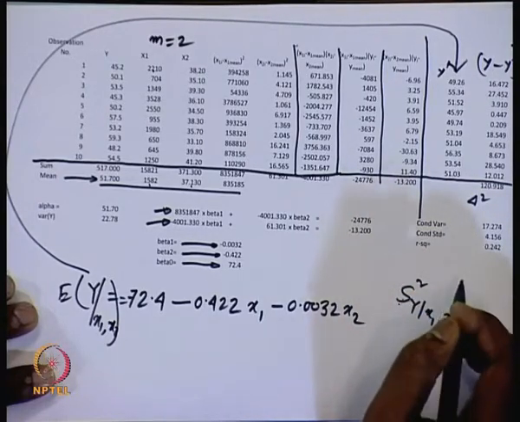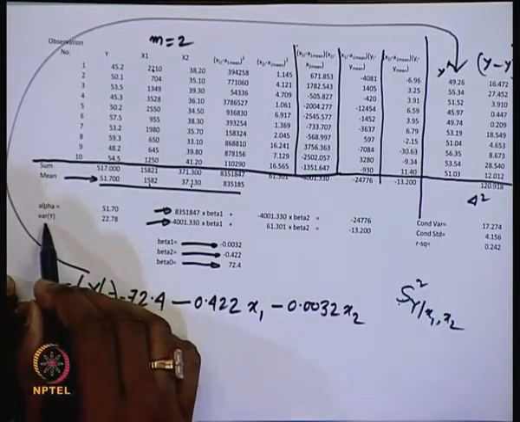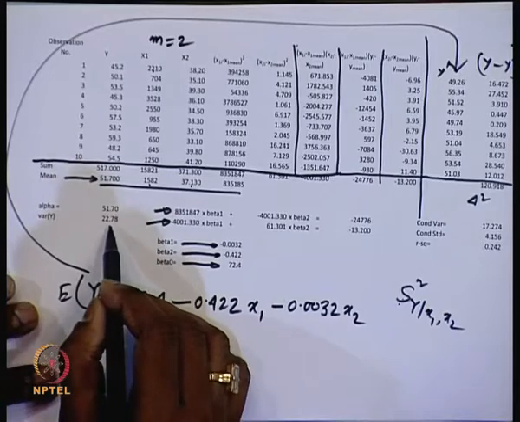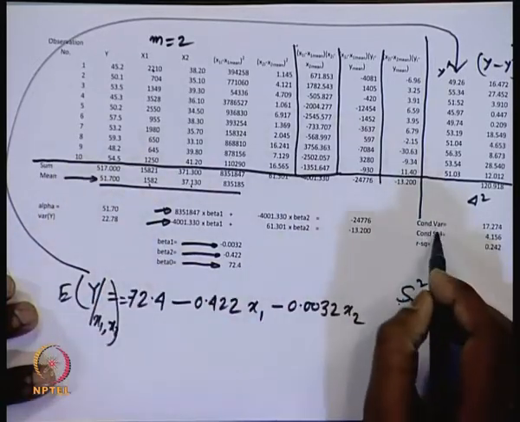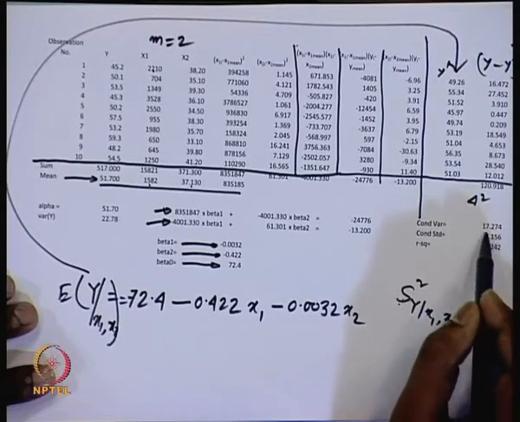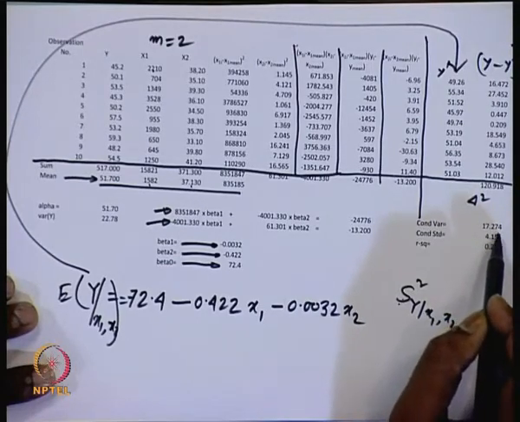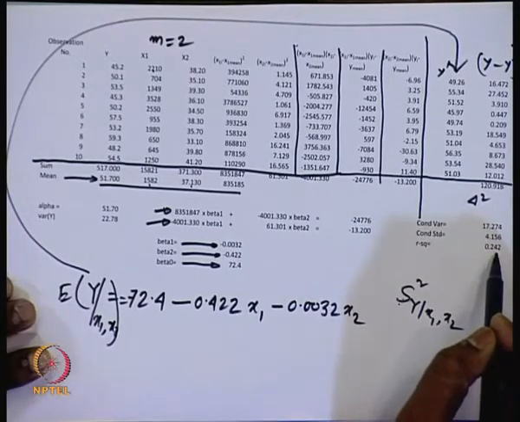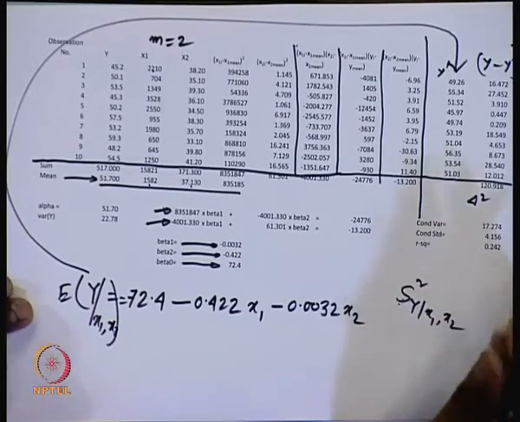How much is this reduction? You can see that the variance of y, the unconditional variance, was 22.78 and the conditional variance is 17.274. So, r square is such that 24.2% is the reduction.